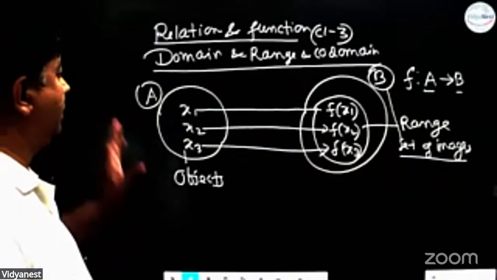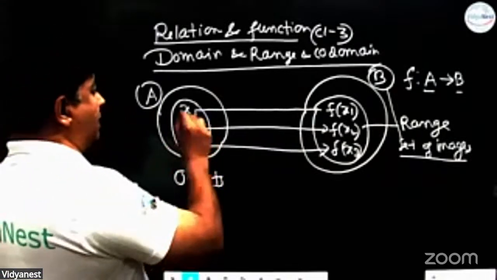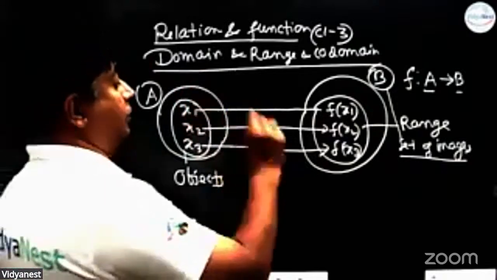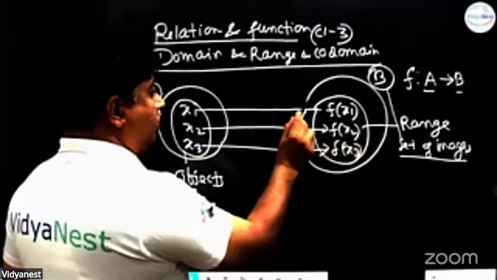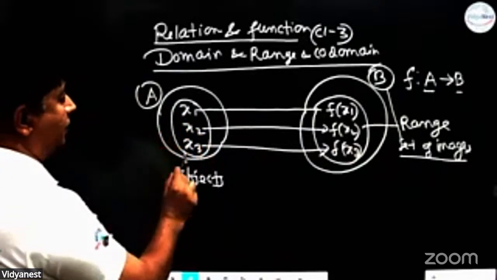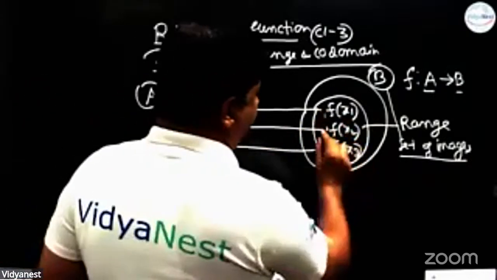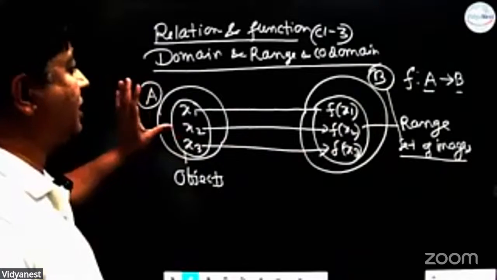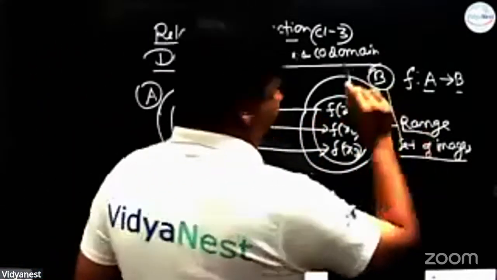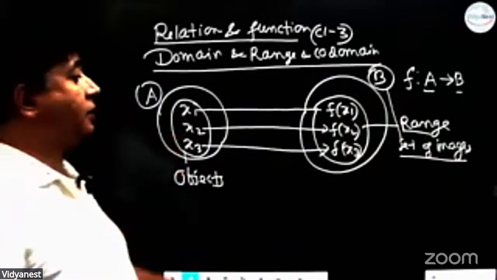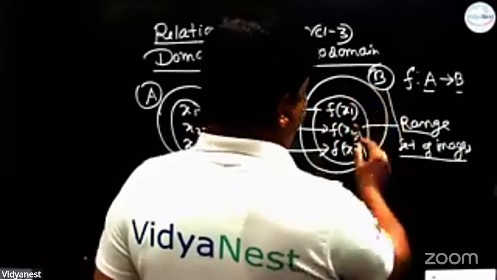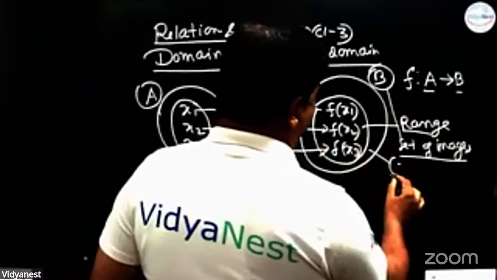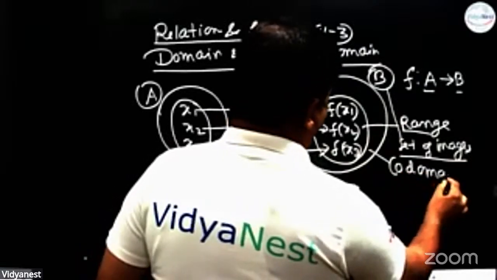But the objects which are selected from A have some image in B. So those images whose corresponding pre-images belong to set A will form the range, and the whole set, that is the set of all types of images, is called the codomain.